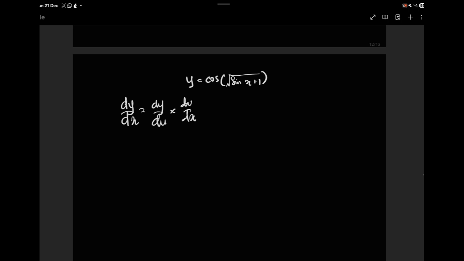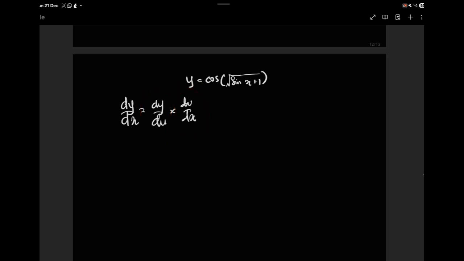We already used dy over dx a lot, and we clearly know that to get dy over dx, the function must be in terms of y equal to x. If we can directly differentiate this function, we will get dy over dx. Now they want us to find dy over du times du over dx.